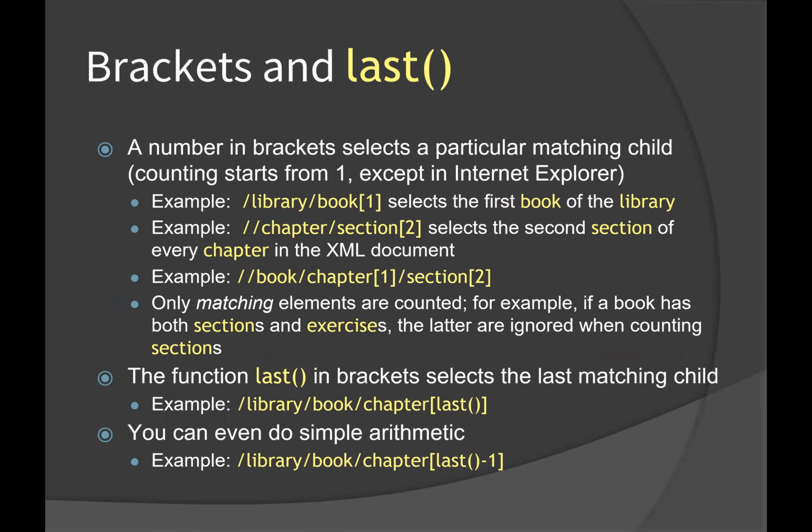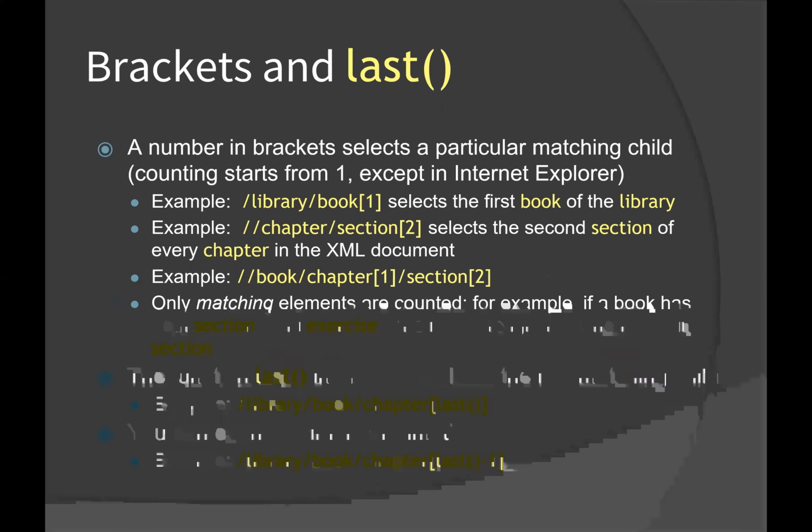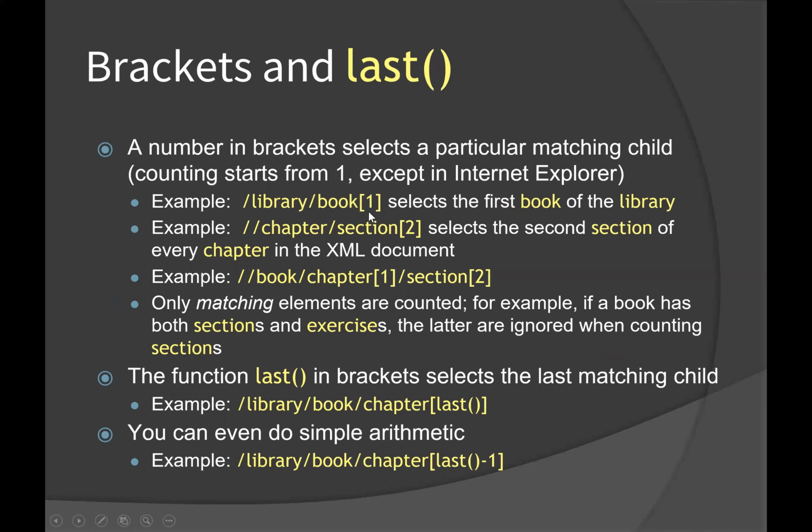So there are a few brackets and a few functions. When I say parentheses, there are a few functions which have already been written. The numbers in the brackets are basically the matching count. We basically go with arrays. For example, if I have five paragraphs and I want to refer to the third paragraph, I have to pass it in square brackets. We can go to library, and in the library I can get the first book, or I can get all the chapters.